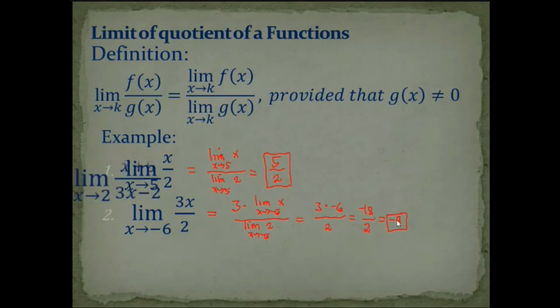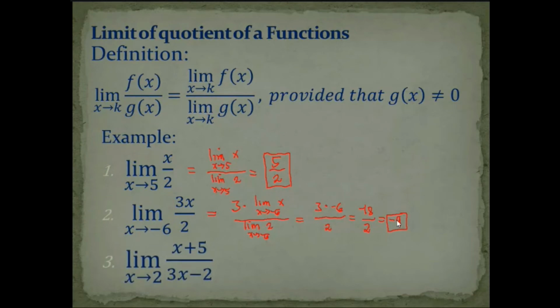What is the limit of x plus 5 over 3x minus 2 as x approaches 2? Ang solution dito ay limit of x as x approaches 2 plus limit of 5 as x approaches 2 all over 3 times limit of x as x approaches 2 minus limit of 2 as x approaches 2.